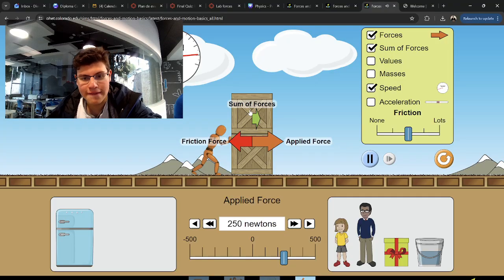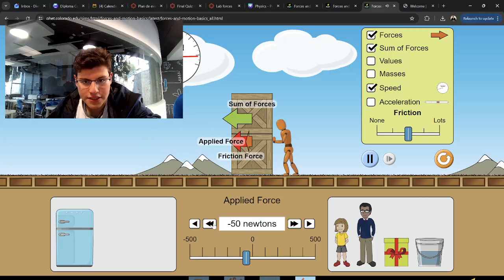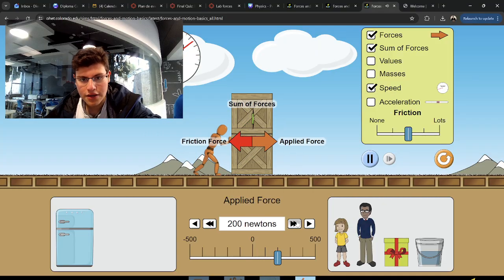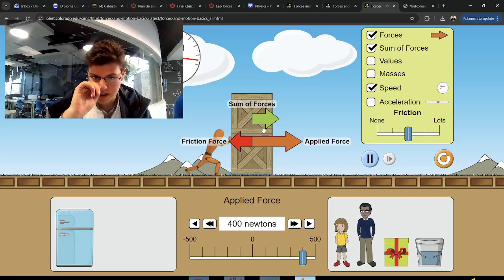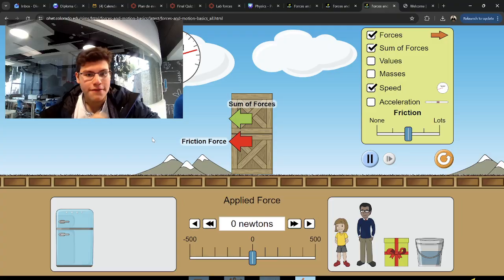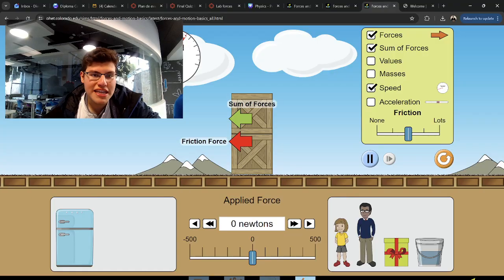You can also see that in this case, the bigger I want the force, the bigger the acceleration. Wait a moment. There we go. The bigger my force, the bigger the acceleration. You can also see, again, our first topic about the sum of forces. Once I remove the force that was pushing, I only have friction going to one side, which is going to decelerate.